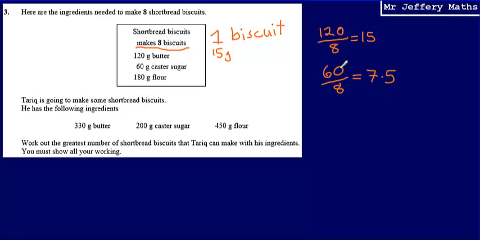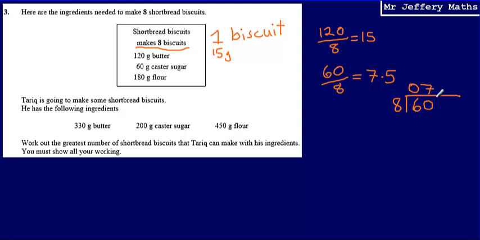If you're not sure how to do 60 divided by 8, remember you can use a bus stop method where we write 60 underneath the bus stop, 8 on the outside, and then ask how many 8s fit into 6? 0. How many 8s then will fit into 60? We can say that that is 7 with a remainder of 4.